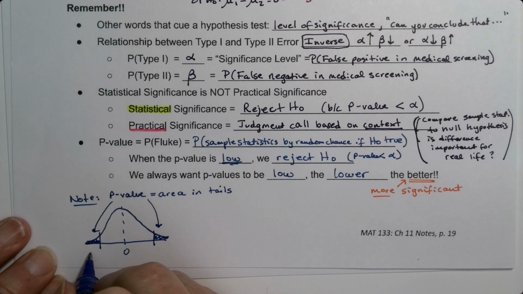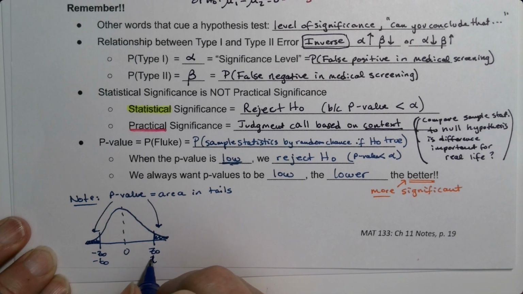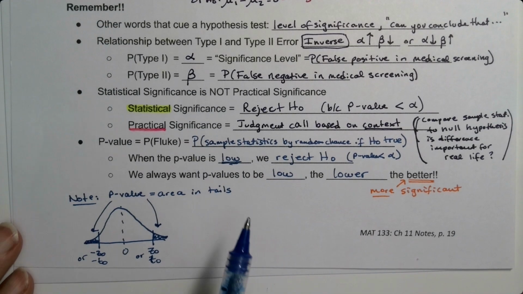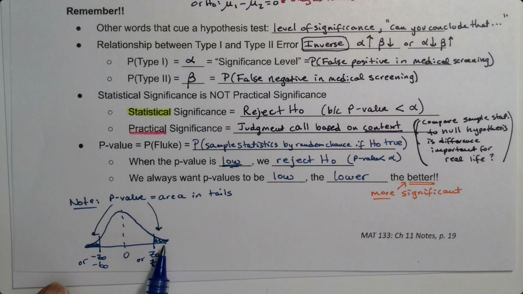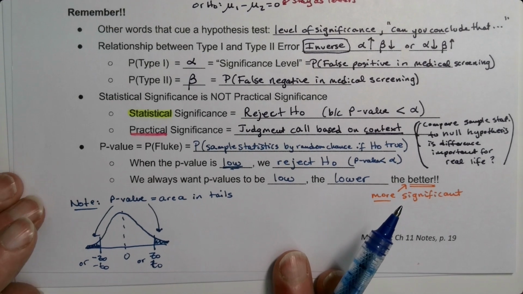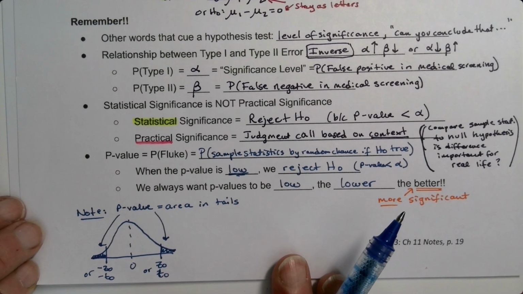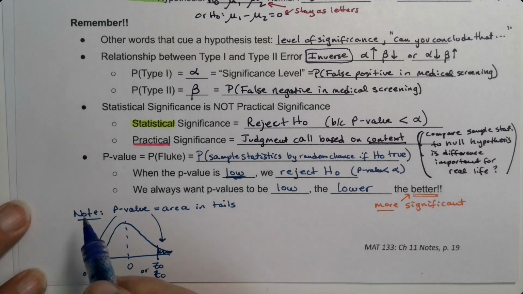So I'll assume a two-tailed test. So over here I have either negative z0 or negative t0, depending on z0, t0, right? So what does this mean for us? If we want our p-value to be low, we want this area in the tails to be small. That will happen when our z-scores are farther out, or our t-scores. So the farther your z0 or t0 is from the mean, the lower the p-value is going to be.